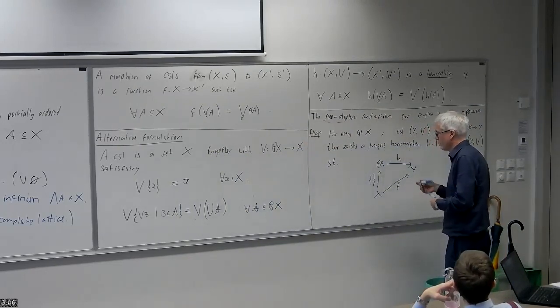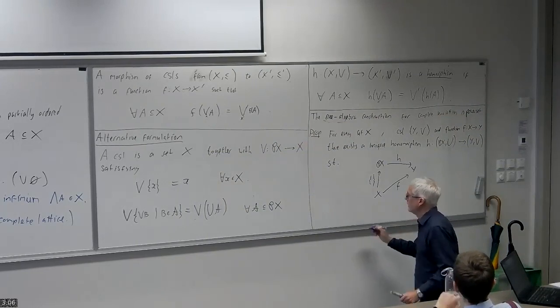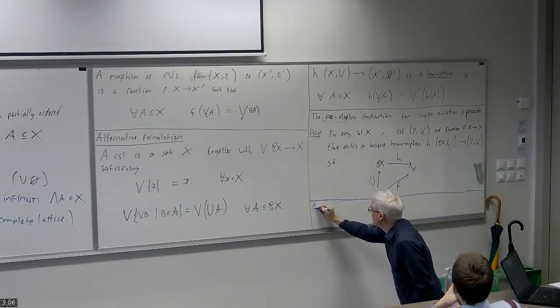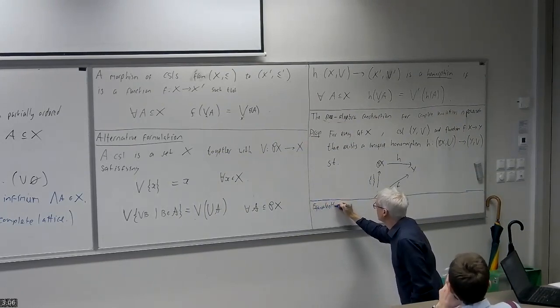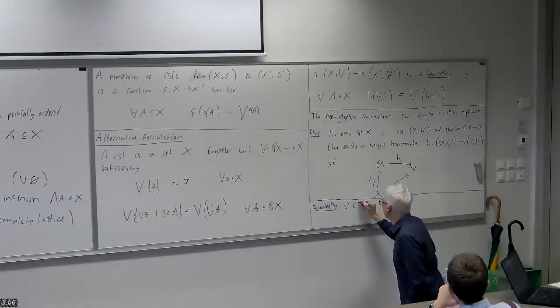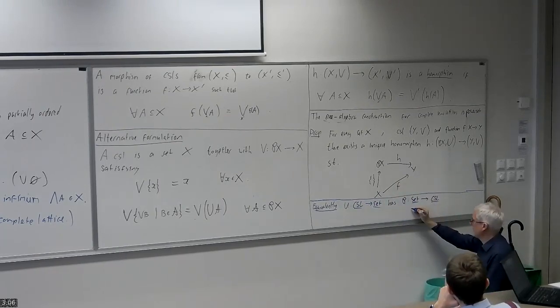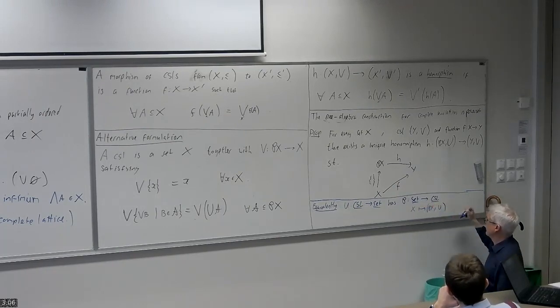So let me just write the alternative way of looking at it. I'll squeeze it at the bottom of the board here. So equivalently, the forgetful functor from complete semilattices to sets has as its left adjoint the power set functor from sets to complete semilattices, which maps X to the power set of X together with the union operation.